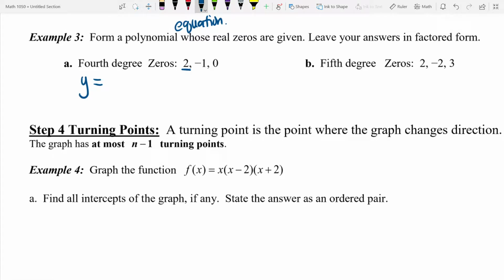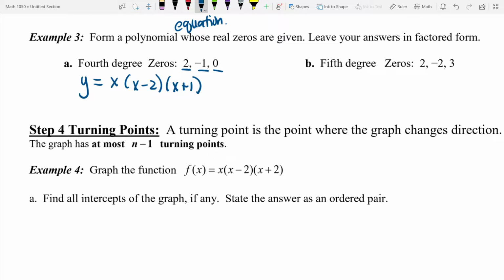If I have a solution of 2, same thing as an x-intercept of 2, then tell me what I have in my equation. You have an x minus 2, because if I set that equal to 0, I get a 2. The x equals negative 1 gives me a factor of x plus 1. The x equals 0, you could put x plus or minus 0, but that's weird. That's just an x, okay?